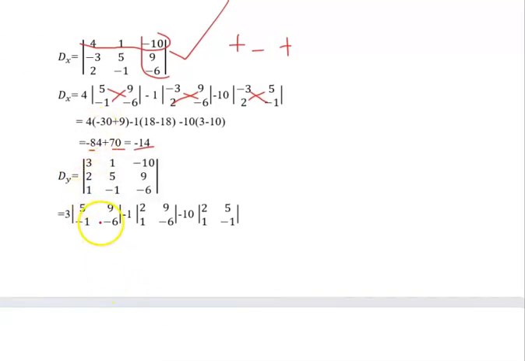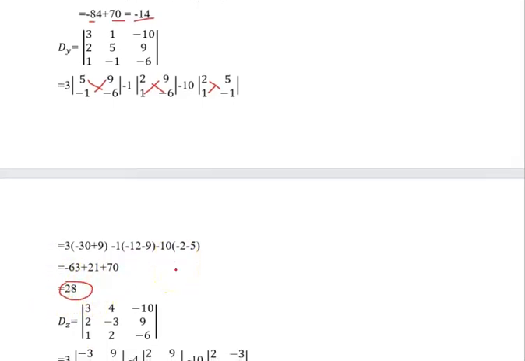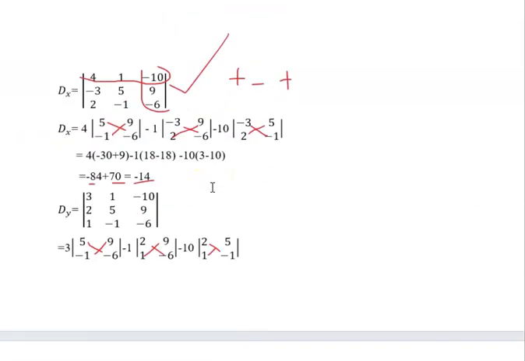So you'll have negative 30 plus 9 again, then minus 12 minus 9, minus 2 minus 5. So you get 28, that is Dy.